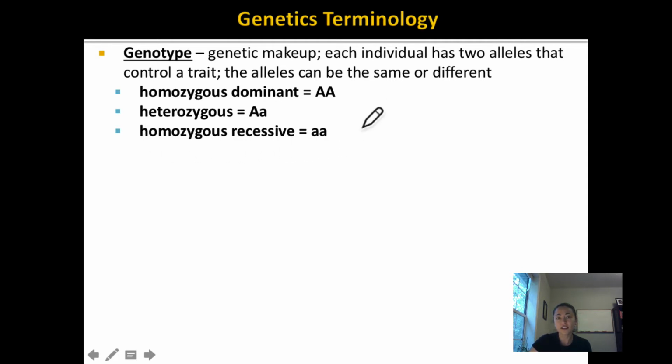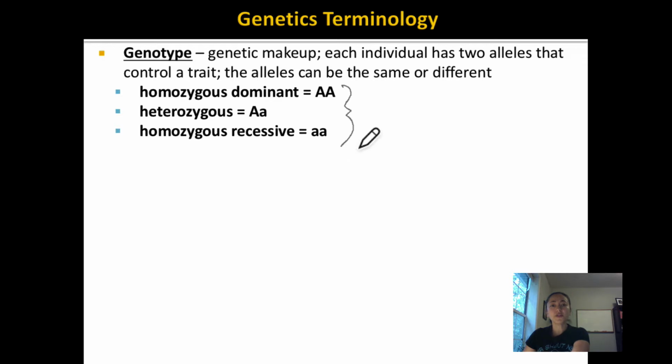These are the only three possible combinations of genes that an individual can have, because every individual has two copies of a gene, and the possible variations of that gene are a dominant allele or a recessive allele.